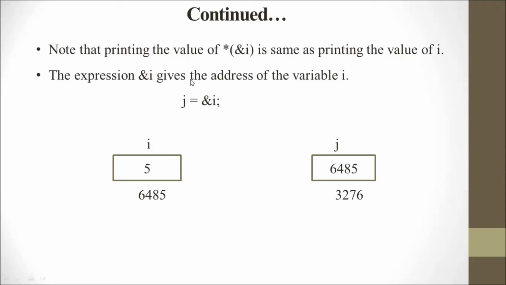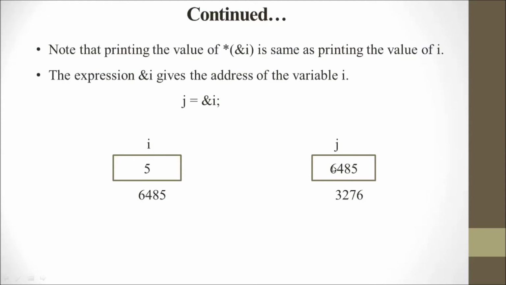So here we assign the address of i to another variable j. Here we understand this with a diagram. This is i, which stores the value 5, and this is the address of i. And here we assign the address of i, this address 6485, to j.